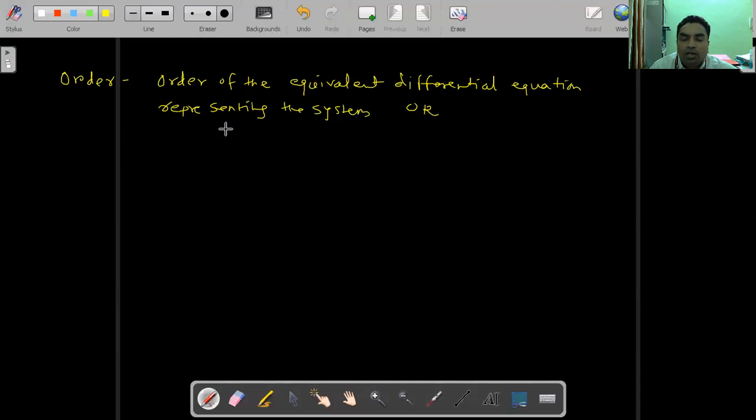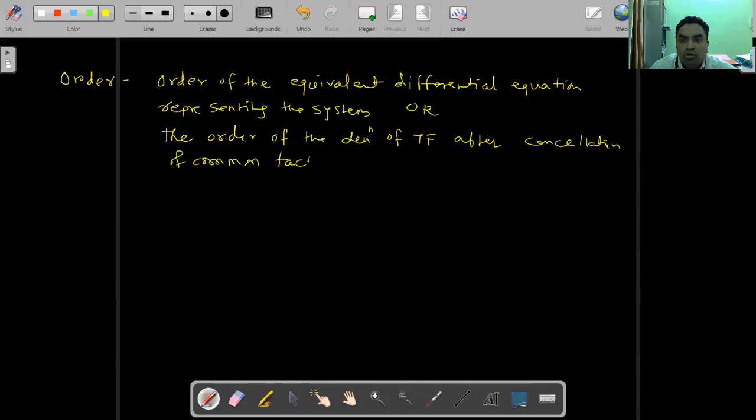Another way this order can be defined is as the order of the denominator of the transfer function after cancellation of common factors in the numerator.